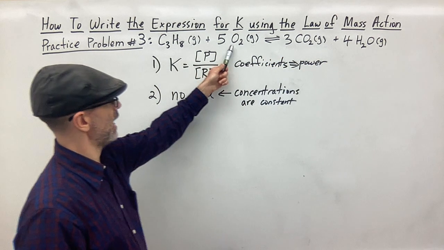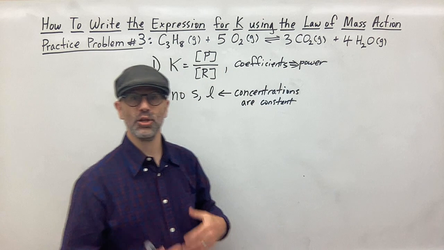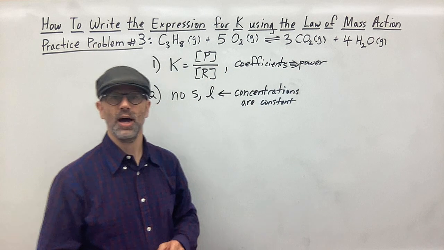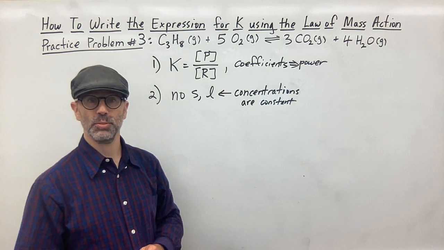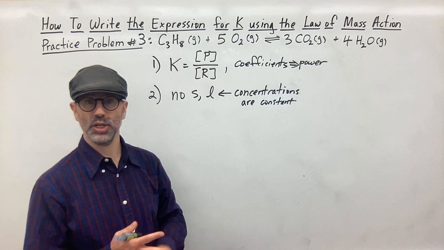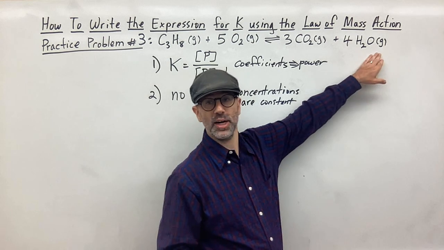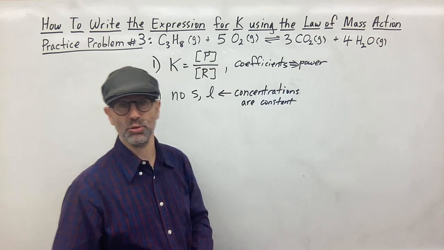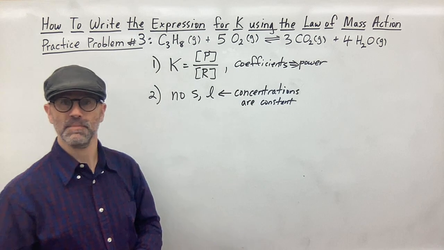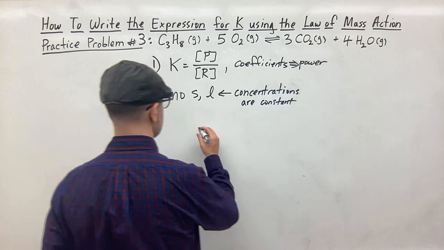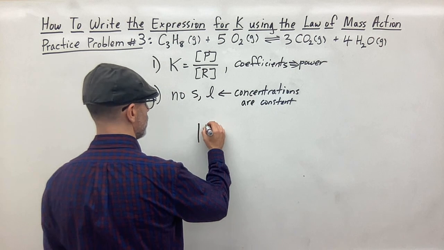All of this is gas, so you can include all of these in your expression for your equilibrium constant. If there was a solid or liquid, you wouldn't include that. For example, if the water here was a liquid, you would not include it in your expression.